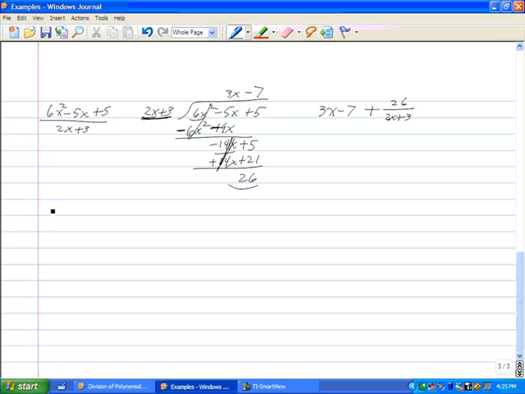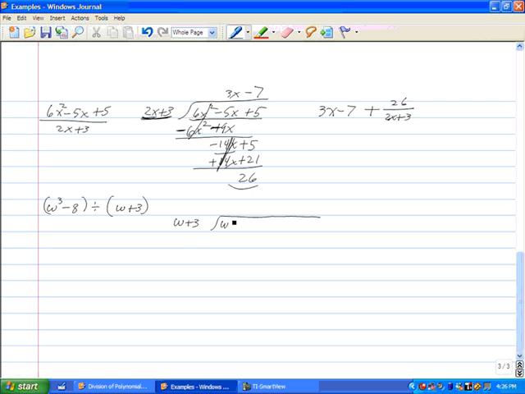Let's try another problem. Let's look at w cubed minus 8, quantity divided by w plus 3. Now when you set this one up, one more thing you have to watch out for. Of course, the w plus 3 goes out there. But since I have a cubed term here, I have to always write what I'm putting underneath here in descending order.